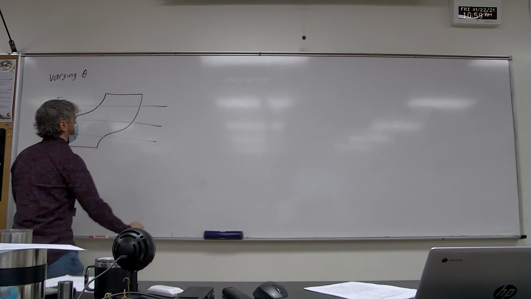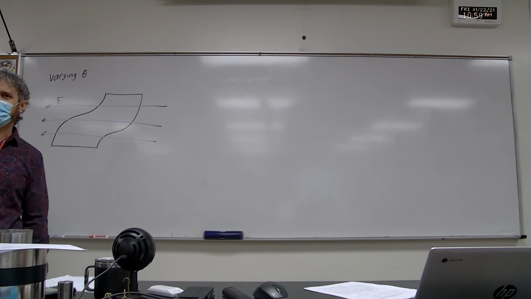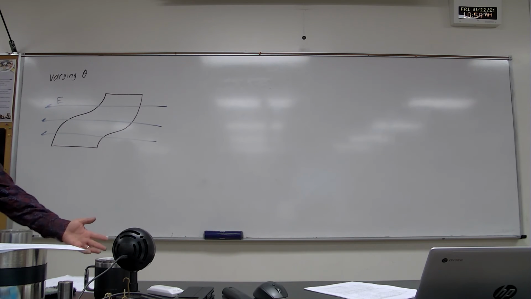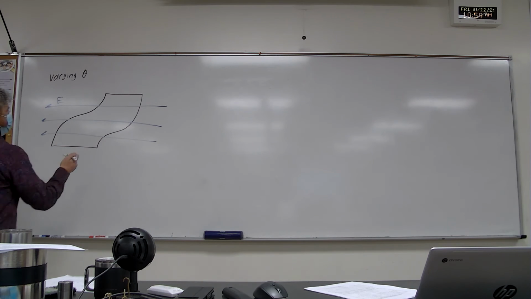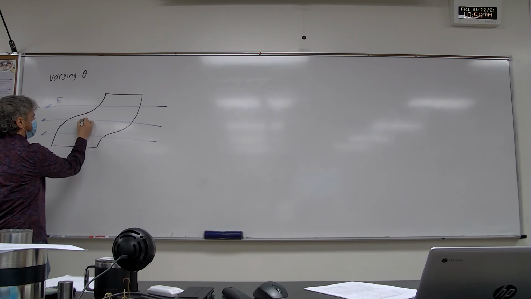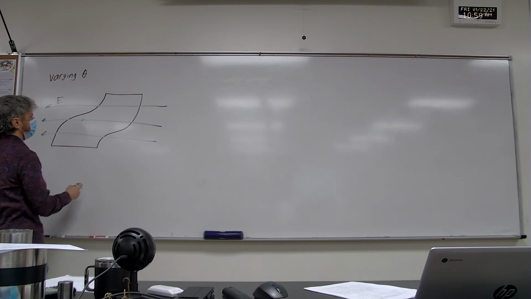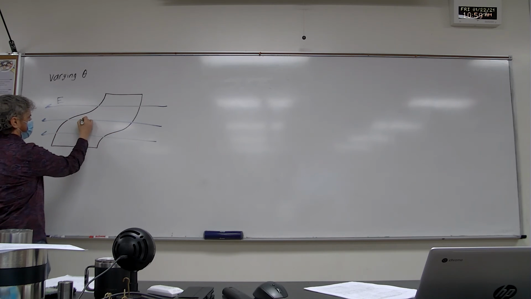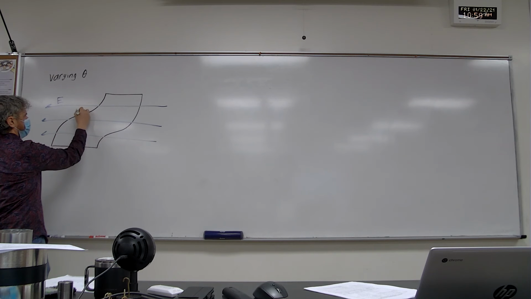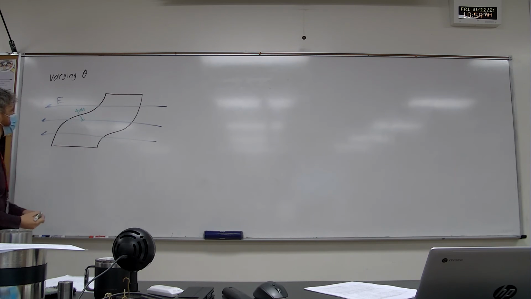So what I need to do is break this area up into an infinite number of infinitesimally small areas. And so I can find this little area vector here that's on the part that's right there, and then I can draw a little vector dA.